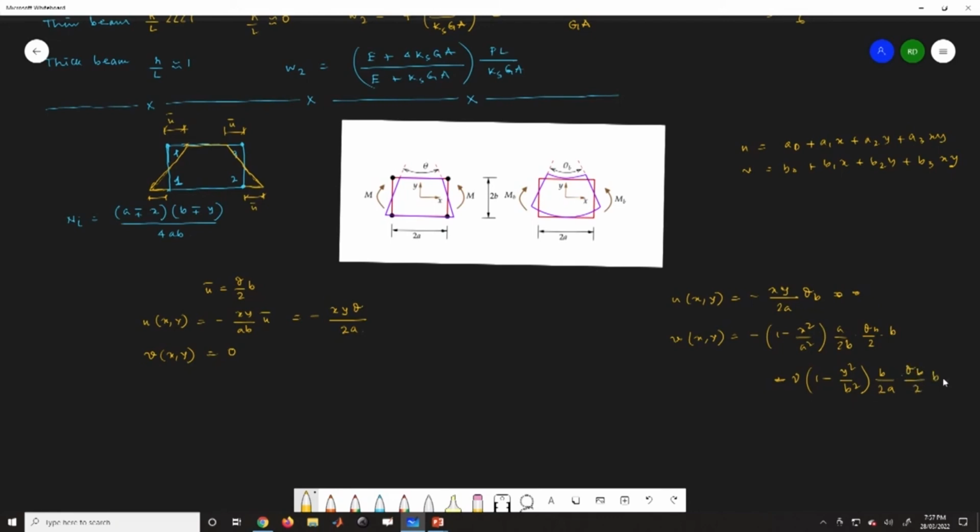So this will be the actual displacement, while the v displacement is actually 0 here.